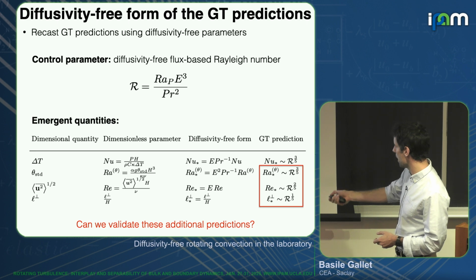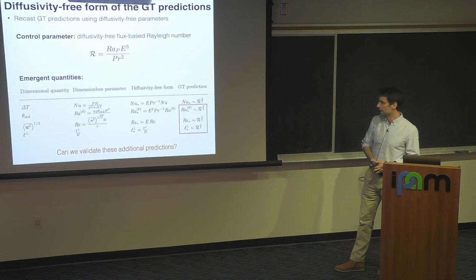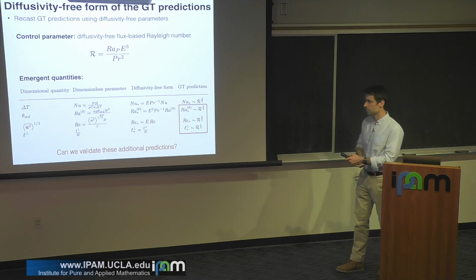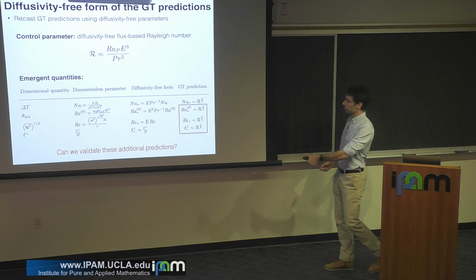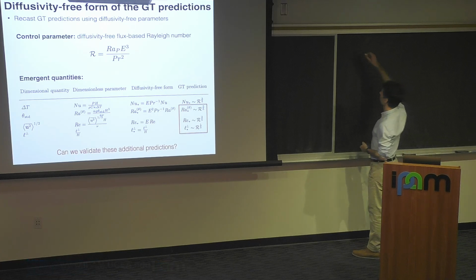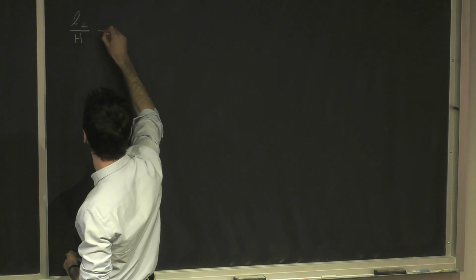Maybe I can explain how we get these laws, because it's related to this question of the viscous length scale versus diffusivity-free length scale. In fact, there are nice shortcuts to get all these scaling predictions. Let's look at this horizontal scale, our perpendicular of h.